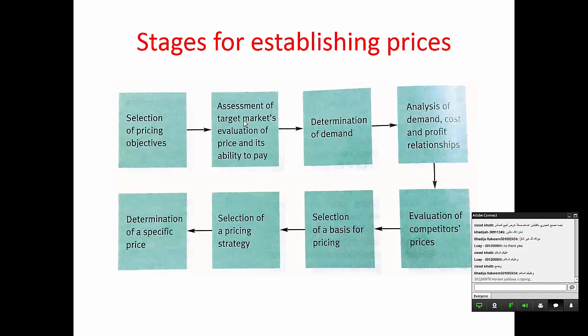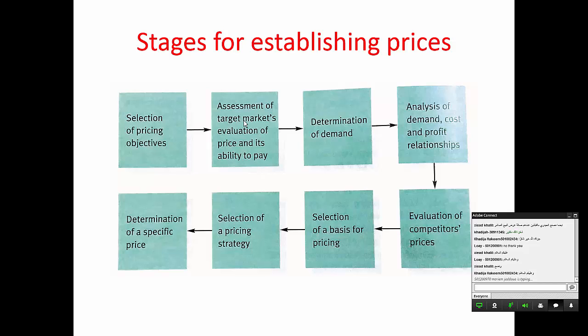The third stage here is the determination of demand, and this is also an important point because of the relationship between the price and demand. We said that when you reduce the price, the demand will increase. That means if you reduce your price, you need to make sure that you have higher quantities that cover all the market.